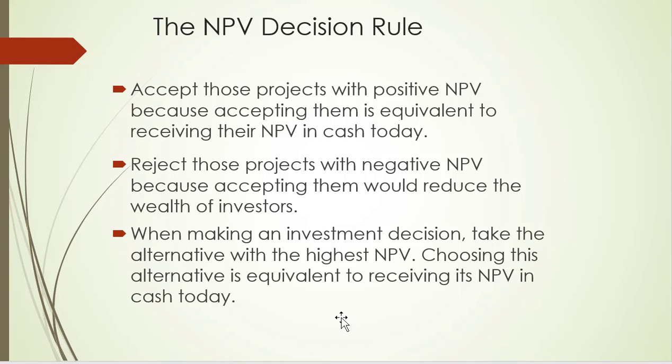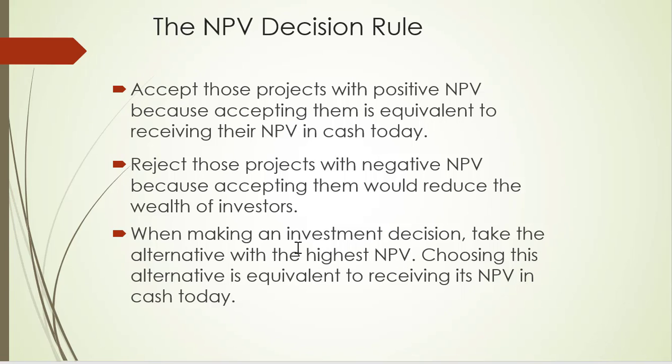It implies additional funds needed to make this project go beyond what you invested. So it actually measures a reduction in wealth of the investors. So we always want to choose those projects that have positive net present values.